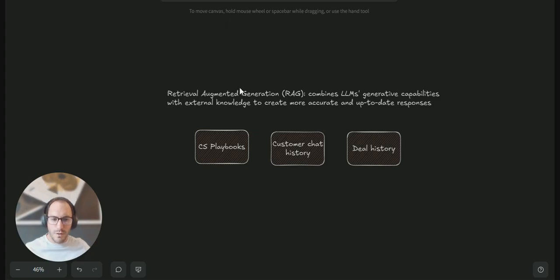Another thing that I see in terms of RAG is something like deal history. You're an enterprise company chasing enterprise clients. The sales cycle for these enterprise deals could be years. So somebody new could come in and say, hey, what happened within this account?